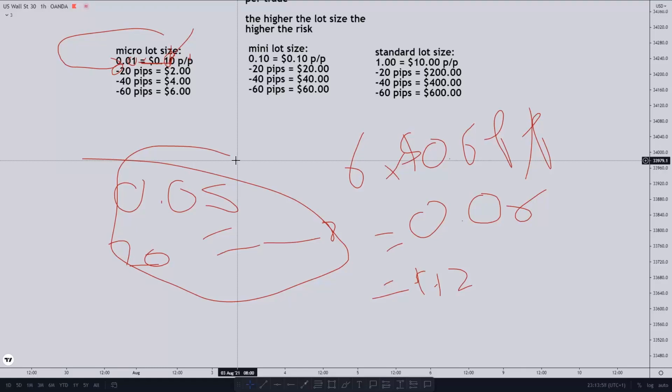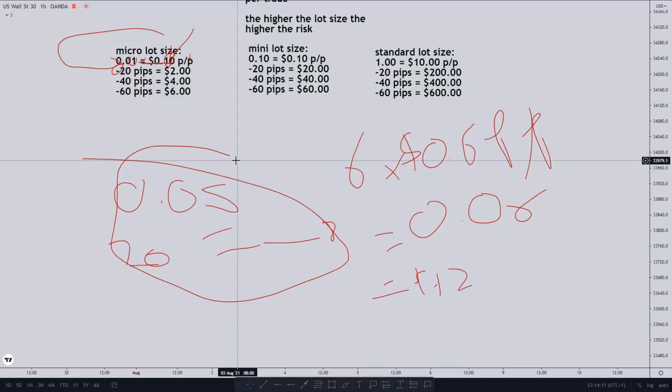Same example for 0.07 lot size, you can just times 10 cents times 7, which is going to give you 70 cents per pip, right? Same thing as 8 and 9.